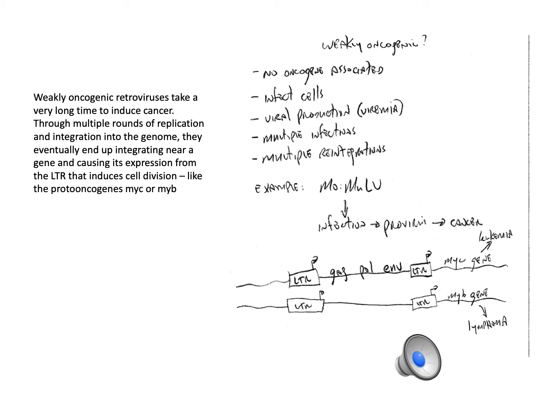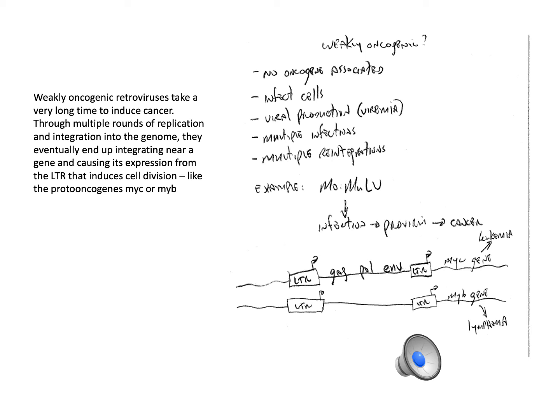Now this is just two examples, leukemia and lymphoma by murine leukemia virus, but there are many cancers in animals that are due to infections by these weakly oncogenic retroviruses, and in every case, the integration targets a specific different gene. Could be MYC, could be MYB, could be REL, could be RAS.